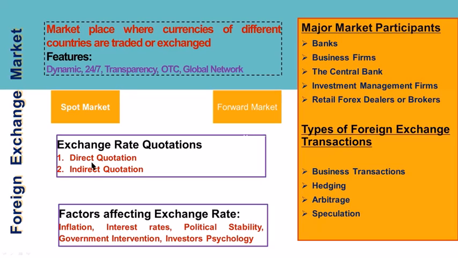If I can get 1 US dollar by spending 50 rupees, it is a better position than getting 1 US dollar for 76.60 Indian rupees. In the earlier example, 1 US dollar was equal to 76.60 Indian rupees. Now imagine 1 US dollar is equal to 50 Indian rupees.